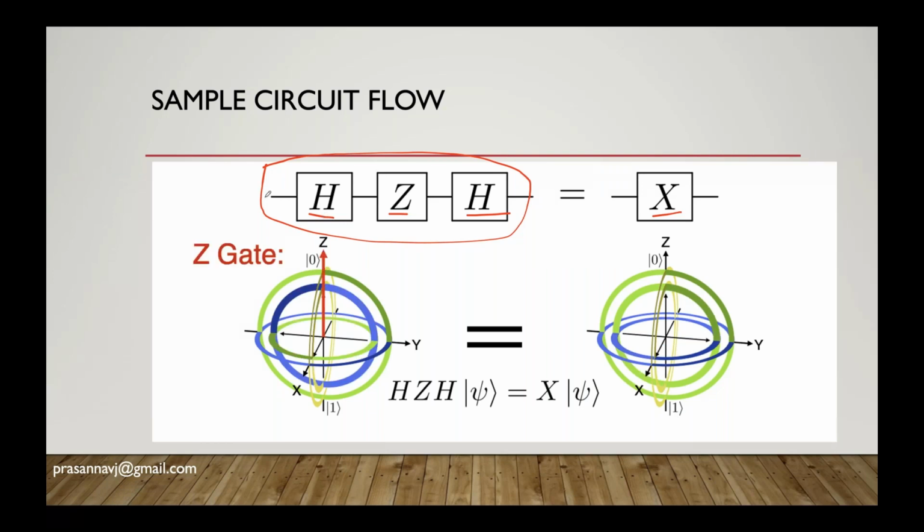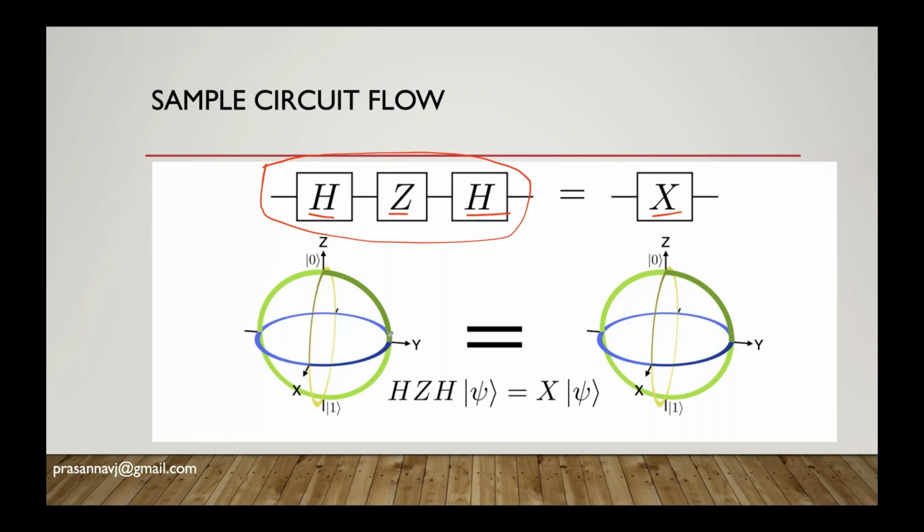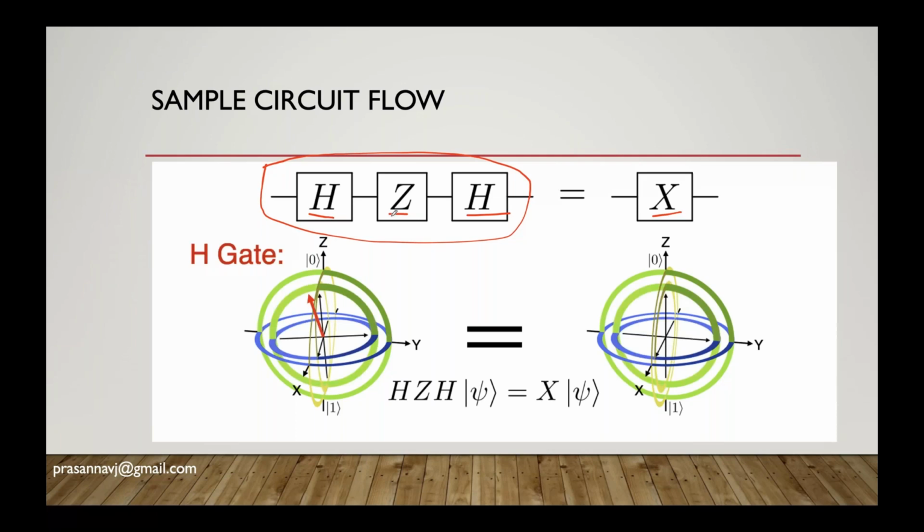And the Z gate is basically to rotate your qubit on the Z axis. This is what you can see here. If you want to rotate on the Z axis, that is done using the Z gate. And the H gate again is used for taking your qubit to superposition.